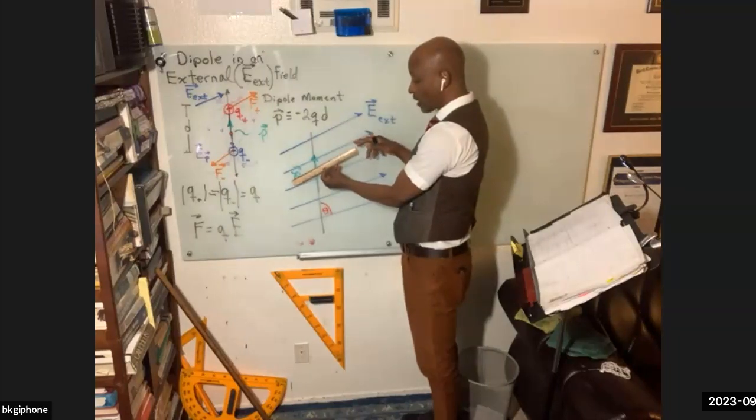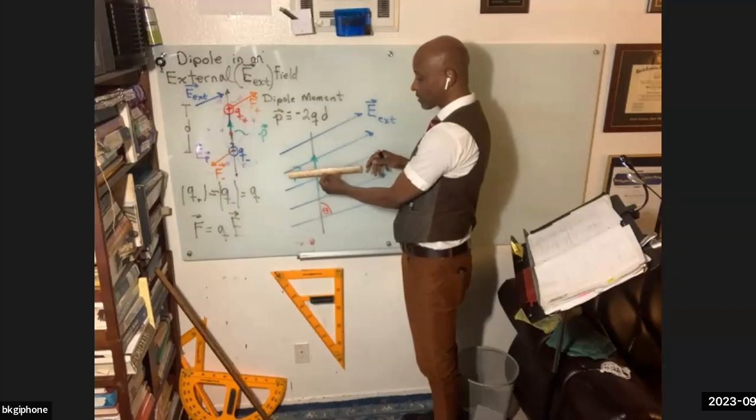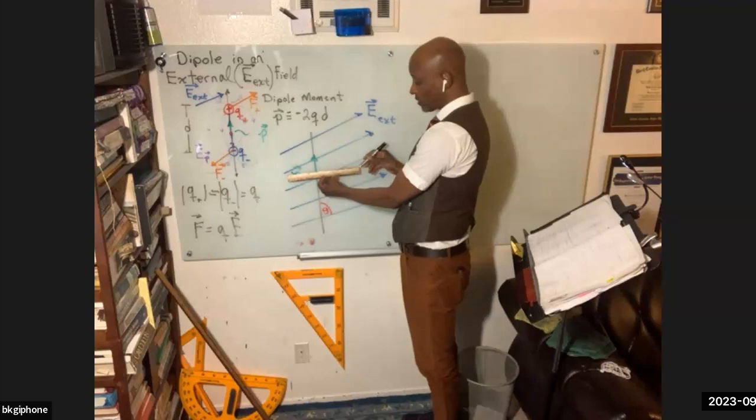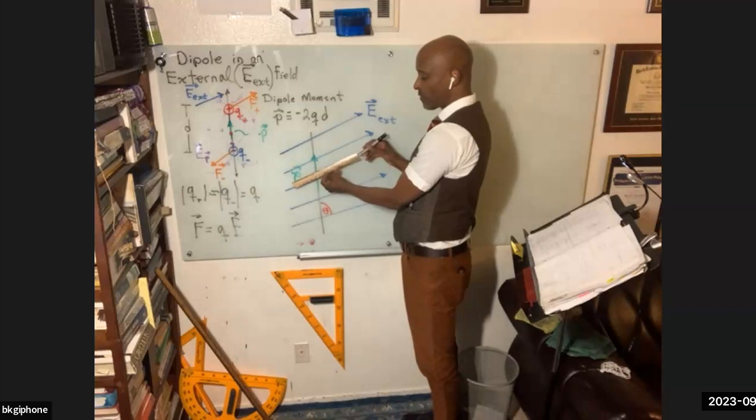So from this point, if I shifted a small angle down, then the torque now, the force is still pointing in this direction for both charges. So it's going to try to right the dipole moment by bringing it back to equilibrium. However, it will now have an angular velocity and an angular momentum.